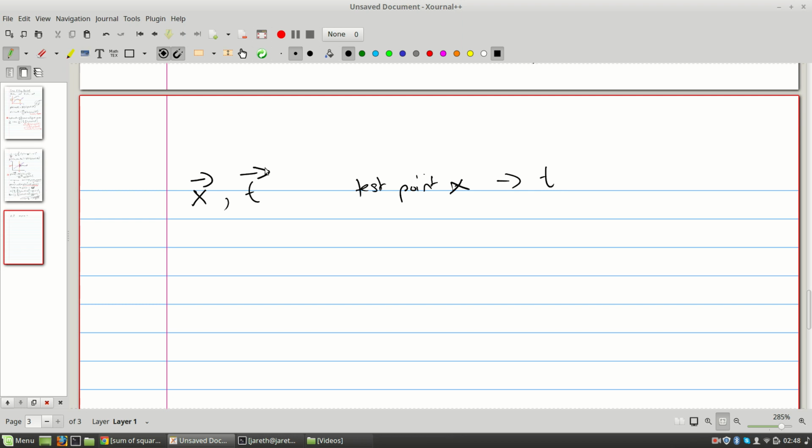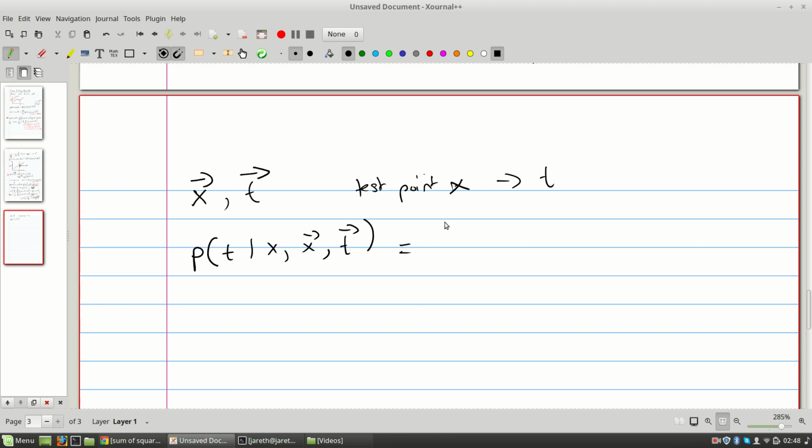Now I'm just distinguishing the vector forms and the scalar forms of this. So we say that we want to evaluate the following predictive distribution: the probability of t given our test point x and our entire data set X and T. This is essentially what we want to find.